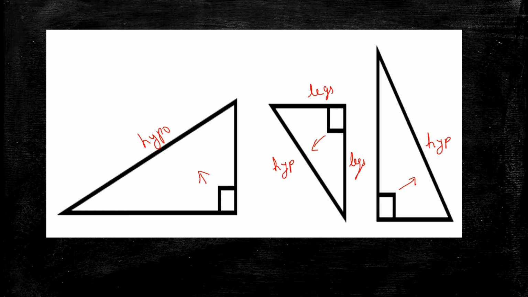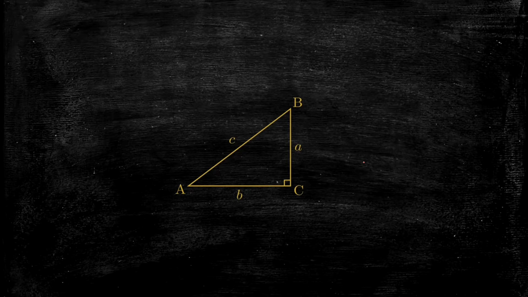So I hope you've understood what a right angle triangle is, what a hypotenuse is, and what legs are. Now Pythagoras found out a relationship between the hypotenuse and the other two sides. Let's see how. So this was a right angled triangle.